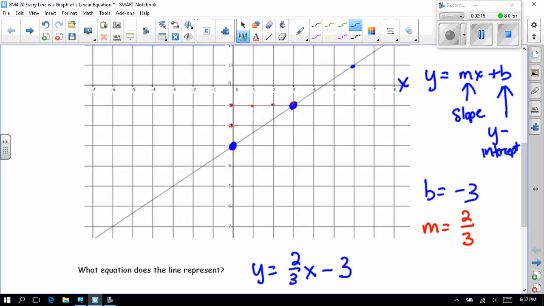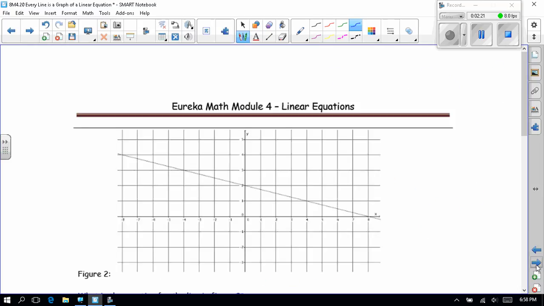Hopefully you're looking at this going, good, finally a lesson that's really easy. I can do this. Let's look at the next example. Where is it crossing the y-axis? What's my b? 0, 2. B equals 2. Where's my next set of integer coordinates? Where is it crossing an intersection of two whole numbers?